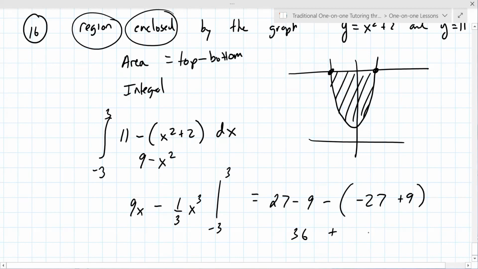I got 36. That's wrong, it's 18. Yeah, I got 36, I miswrote some here. Okay.